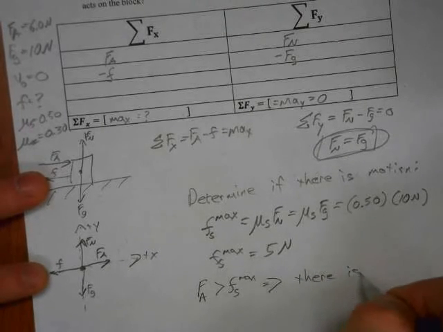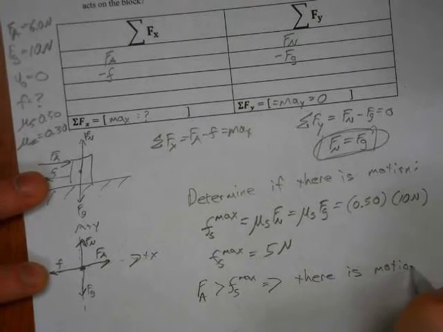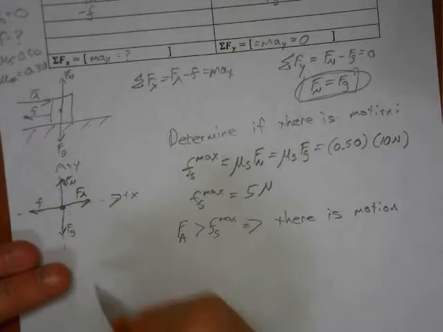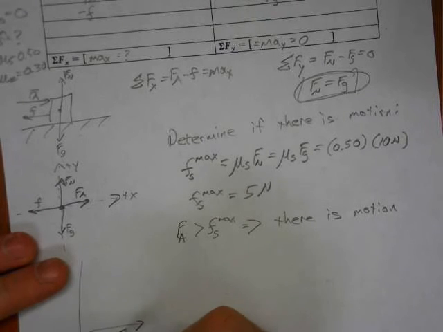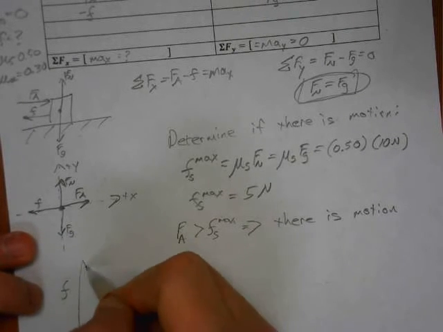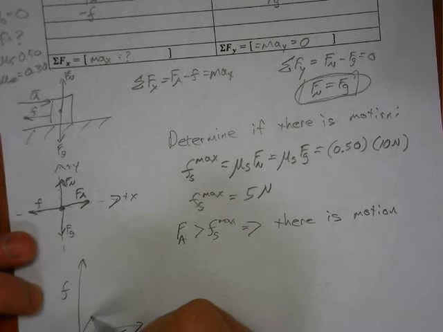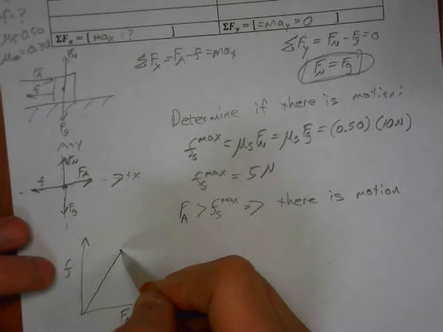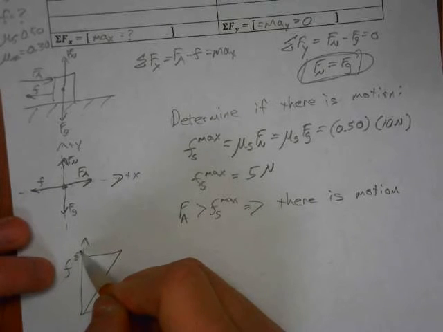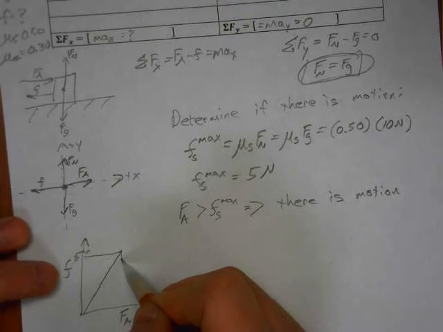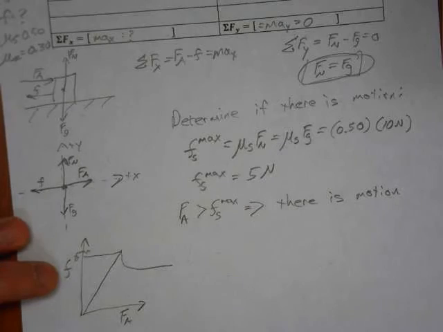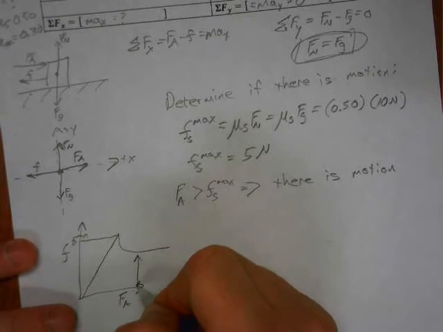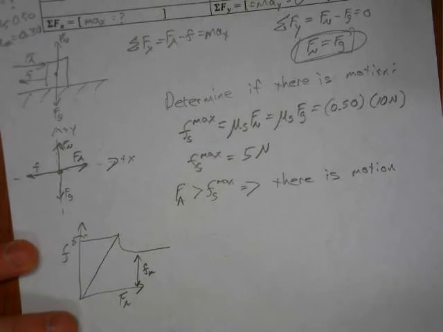Now, since there is motion, if you remember that graph that I showed you in class, very important graph, as you give more applied force, the friction increases up to a point which is Fs max, at which point the force of friction decreases and assumes a constant level. That constant level is the force of kinetic friction.